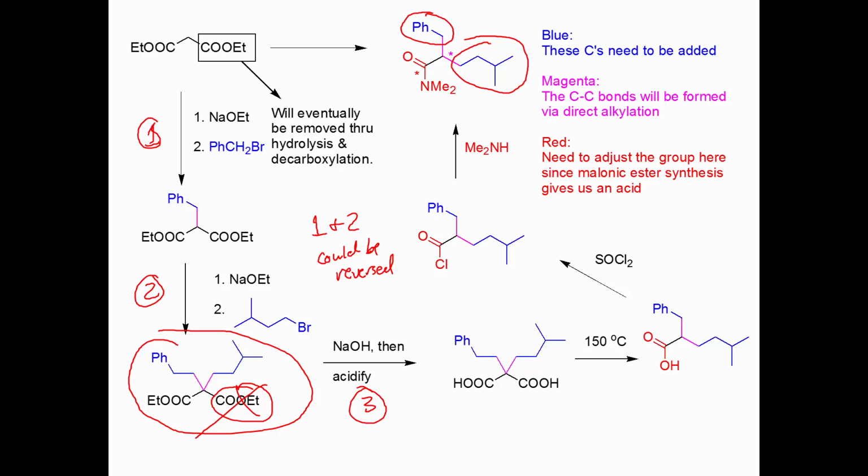A lot of people, here's another mistake some people make. They'll actually reverse steps 2 and 3. Well, it turns out no, because the compound really isn't all that acidic anymore, okay?